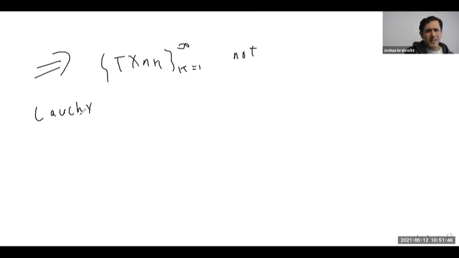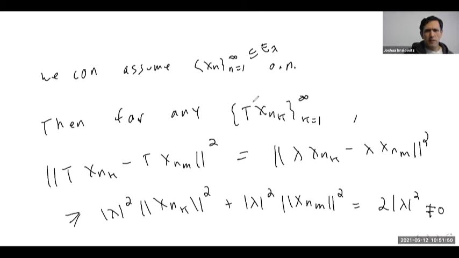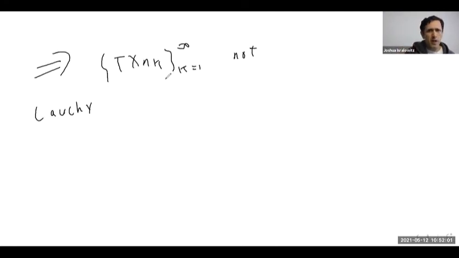So there does not exist a subsequence of x_n where Tx_n_k converges. There is no convergent subsequence. All right. So that implies T is not compact by definition.